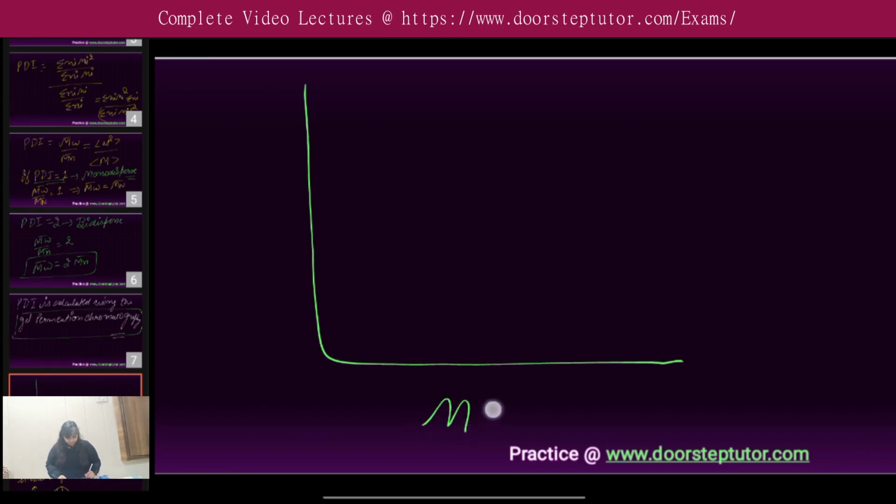On the x-axis we plot the masses, and on the y-axis we have the fractional distribution. This direct graph is going to come in your exams, so you just need to mark which line indicates which of the masses.